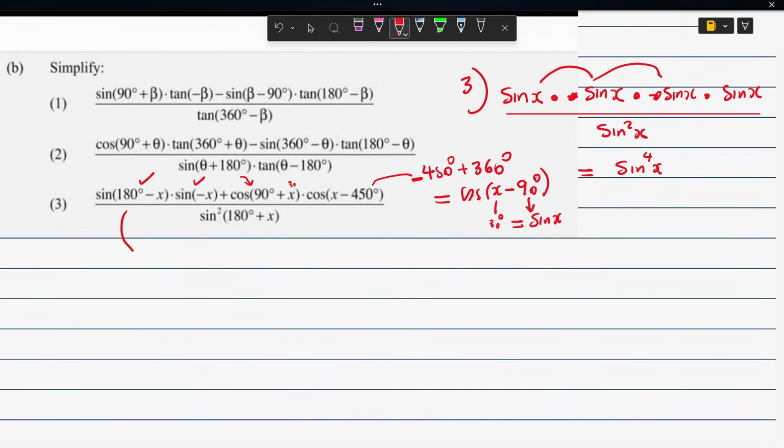You see, when you multiply this, remember x times x times x times x, the answer is x to the 4. So that's why I'm having sine to the 4 x over sine squared x. Therefore, when you divide, you subtract the exponents. So the final answer is sine squared x. This is what we do, learners.